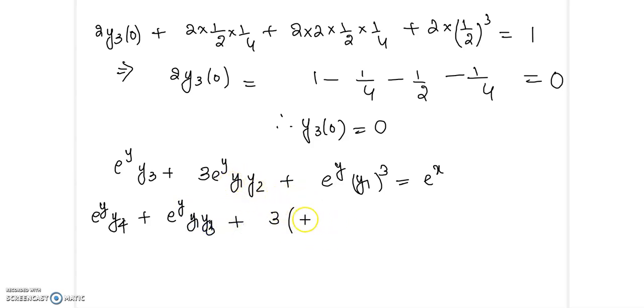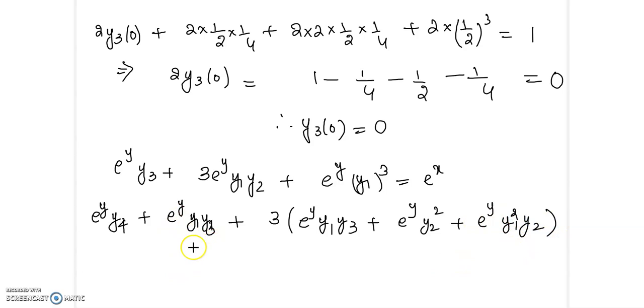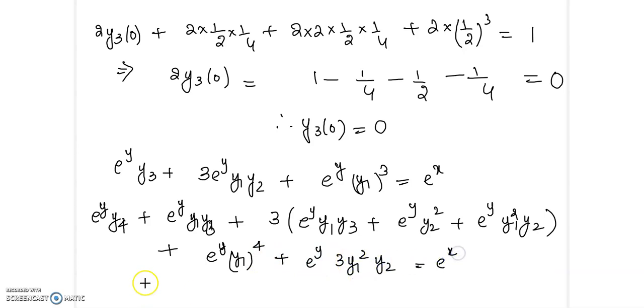Now we have a product of three functions. So e raised to y, y1 ആദ്യം y2ന്റെ ഓരോ ടേമിലും ഓരോന്നിൻ്റെ വെച്ച് ഡെറിവേറ്റീവ് വരും. അപ്പം y2ന്റെ ഡെറിവേറ്റീവ് y3, then e raised to y, let me take the derivative of y1, that is y2, അപ്പോൾ y2 square വരും. Then let me take the derivative of e raised to y, so that is e raised to y, y1. Okay, അപ്പോൾ y1 square y2 വരും. Plus e raised to y ന്റെ ഡെറിവേറ്റീവ് e raised to y, y1 raised to 4 വരും. Plus e raised to y, y3 y1 square into y2, so that is equal to e raised to x.